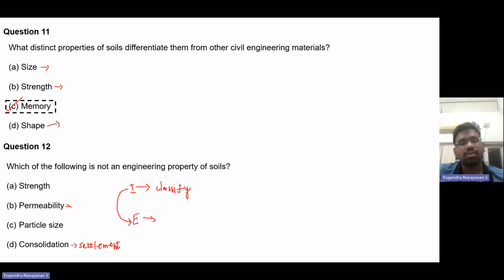Permeability is the ability for water or any fluid to flow, ease of fluid flow, which is further an engineering property of the soil. And the remaining option is particle size.